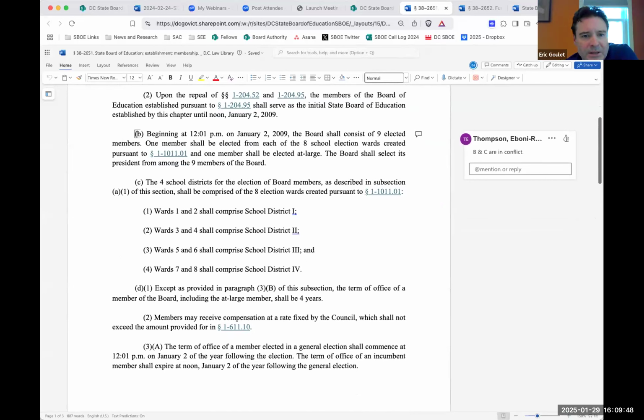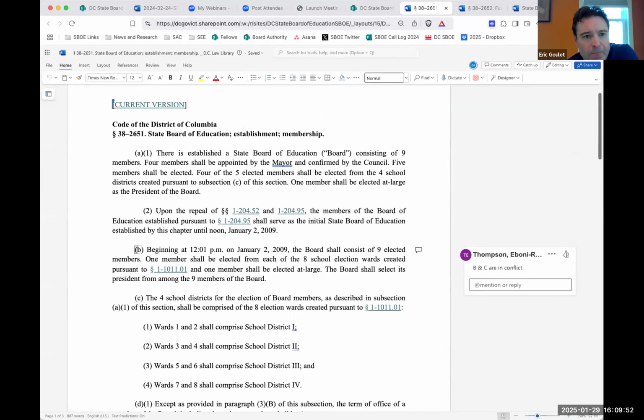So I can speak to this if you like, because I was there as we were making this up. What they'll try to do typically in DC code is, if there's any sort of historical documentation of either tax rates or, like in this case, the structure of the board, they'll try to keep the historical record in there of the dates of change.